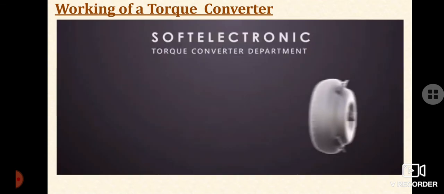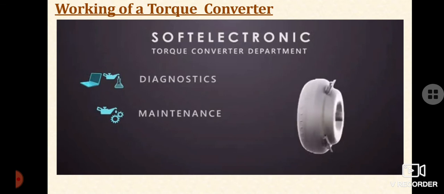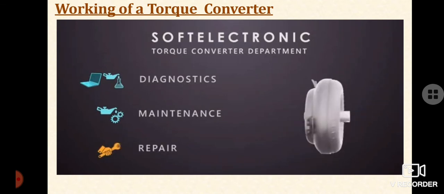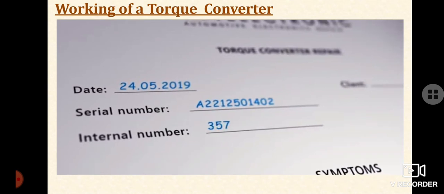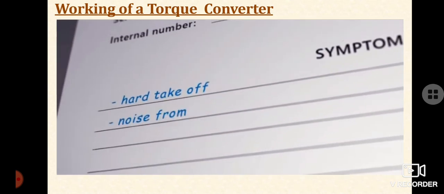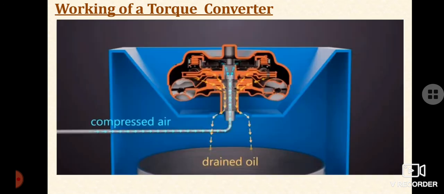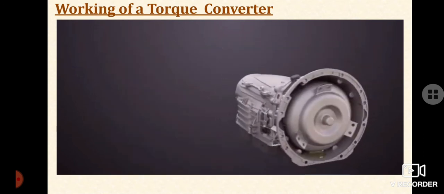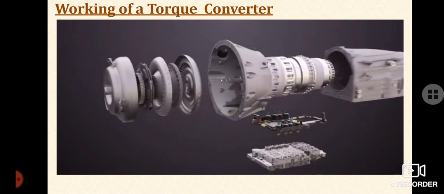Now, the next stage is the coupling. It is the situation when the turbine achieves approximately 90% of the speed of the impeller, and this point is called the coupling point. The torque multiplication ceases and becomes zero, and the torque converter behaves like a simple fluid coupling.